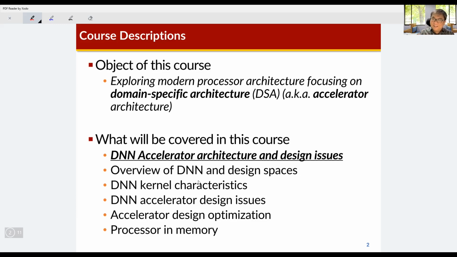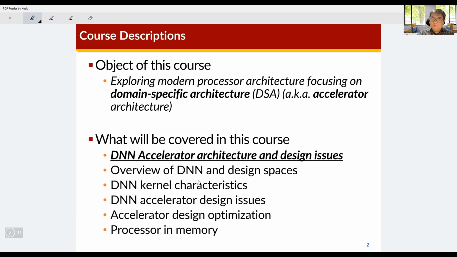Actually, this is a very cutting-edge course. It's a very new topic, and it's not frequently provided in academic courses because the accelerator is a very recent topic in the computer architecture field.